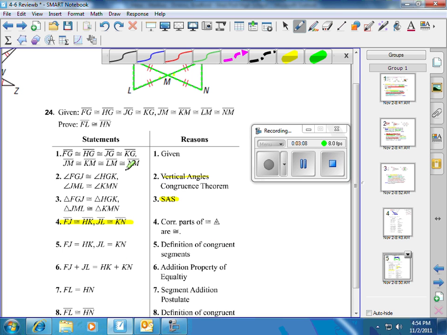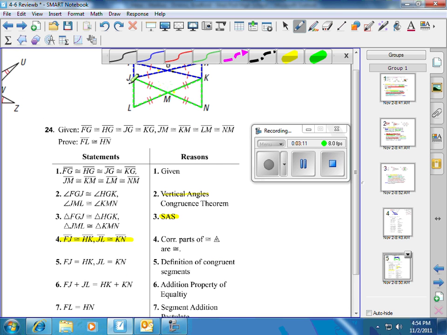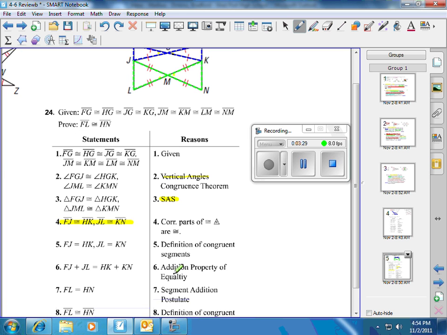And now I'm going to add FJ and JL and HK and KN together to give me segments FL and HN. That's the addition property of equality. I can add FJ and JL and HK and KN.